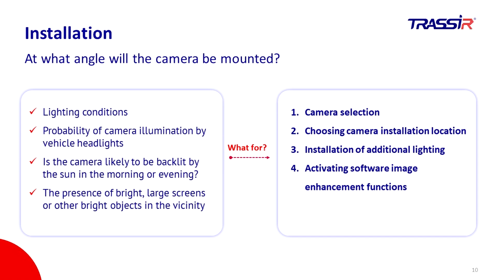Video recordings from nearby surveillance cameras can help us with this. If there are none, then you can install a temporary video camera for subsequent analysis of lighting conditions and other parameters. If there is no way to avoid illumination or compensate for it, then you should think about changing the mounting point of the video camera.